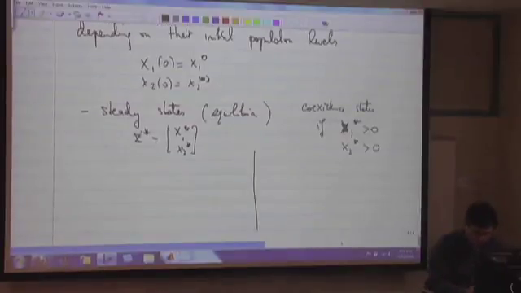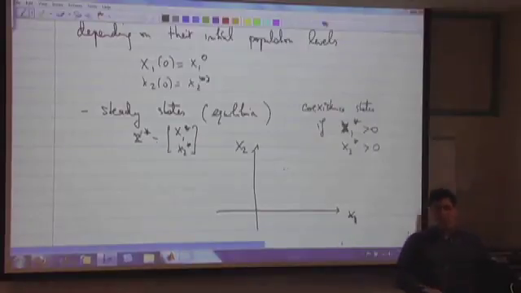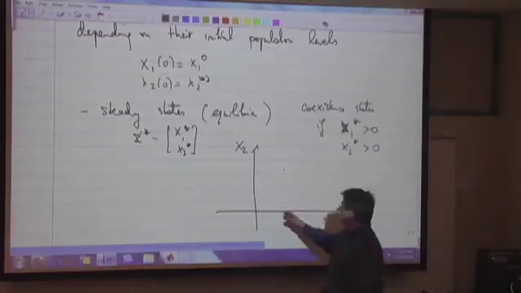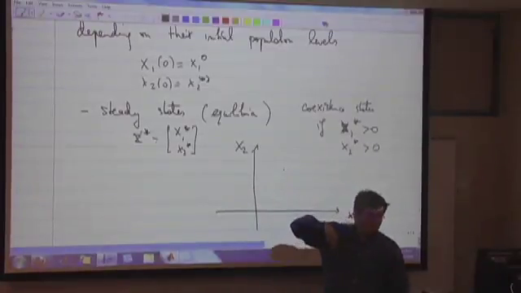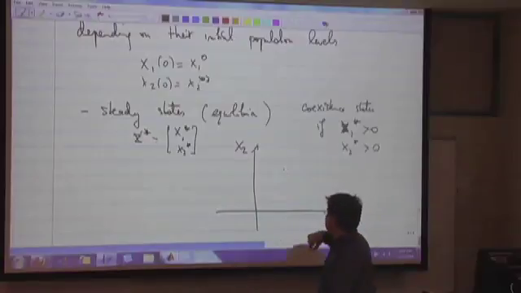Very soon we're going to be looking at this phase plane in which we plot x1 versus x2. And we're going to be tracking initial conditions. We start with an initial condition here, so the initial population is this much for x1 and this much for x2, and we're going to follow that trajectory.